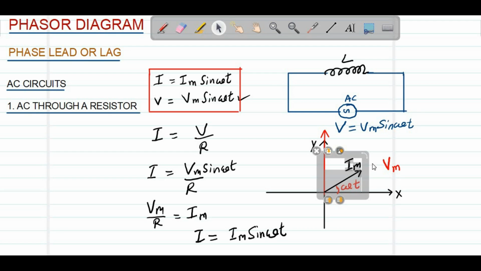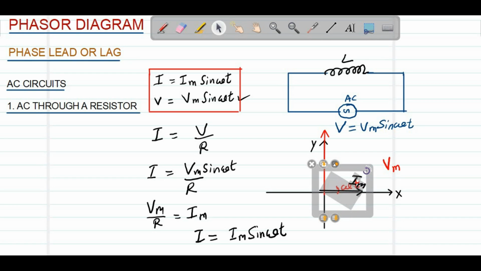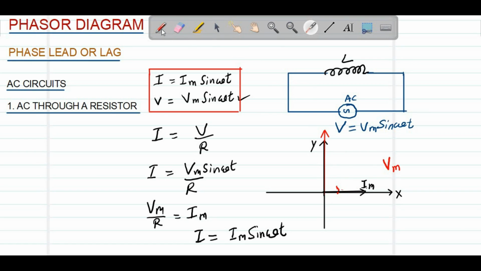And current will be along the x-axis with omega t equal to 0. This is Im. This will be the condition if there is an inductor connected in the circuit.